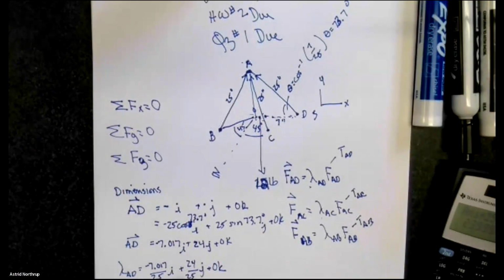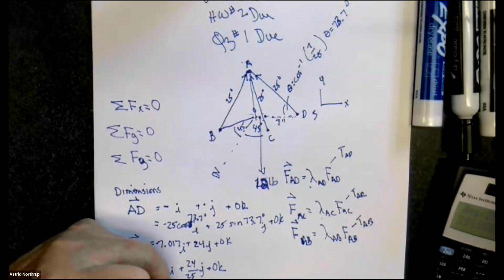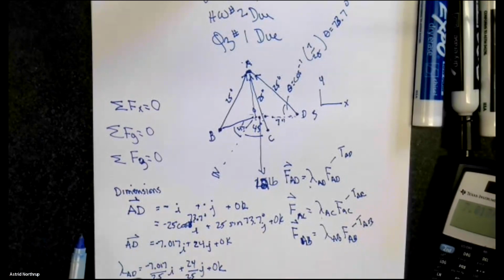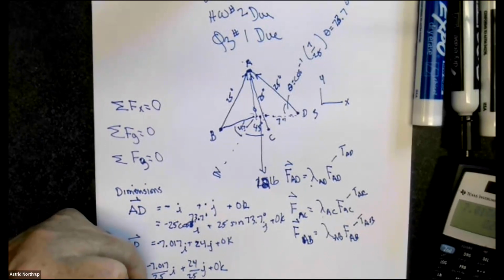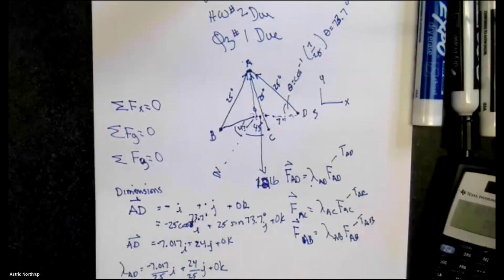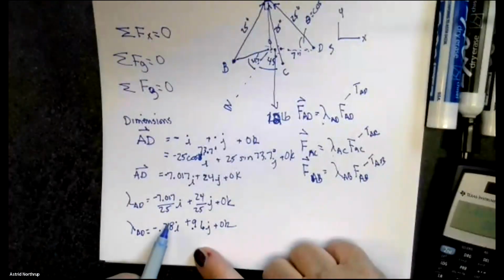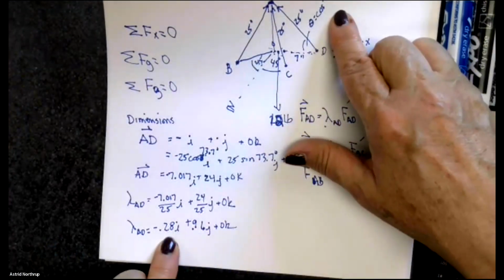And divided by 25, this number, because I just had it, my calculator says 0.96 J. And so this number is negative 0.28. Okay. Now, what I'd like to point out here is just a simplification step. This is the cosine of that angle, right?